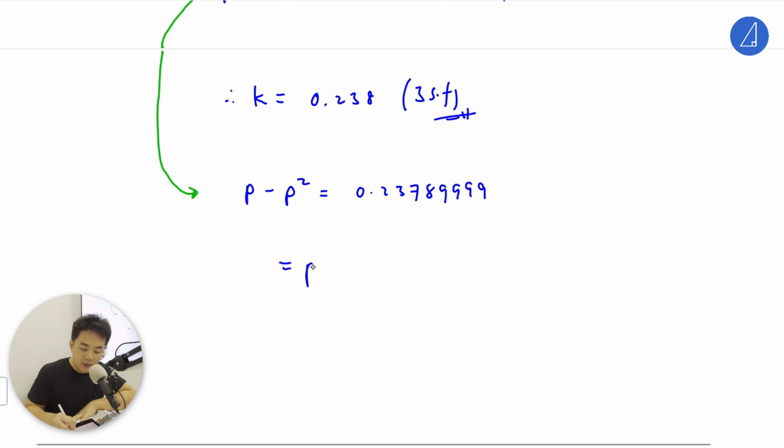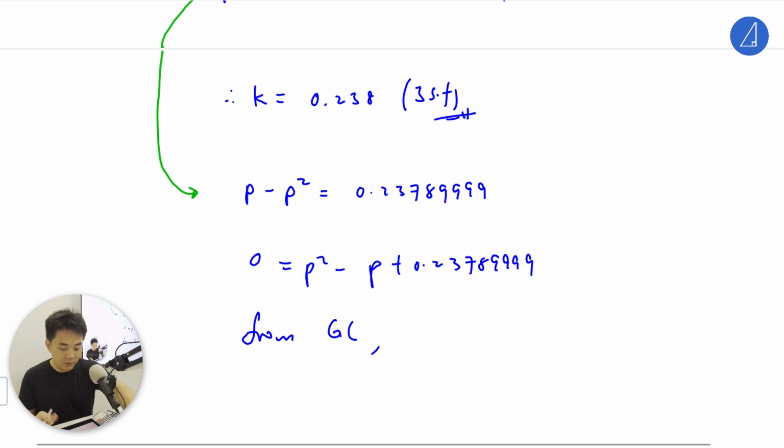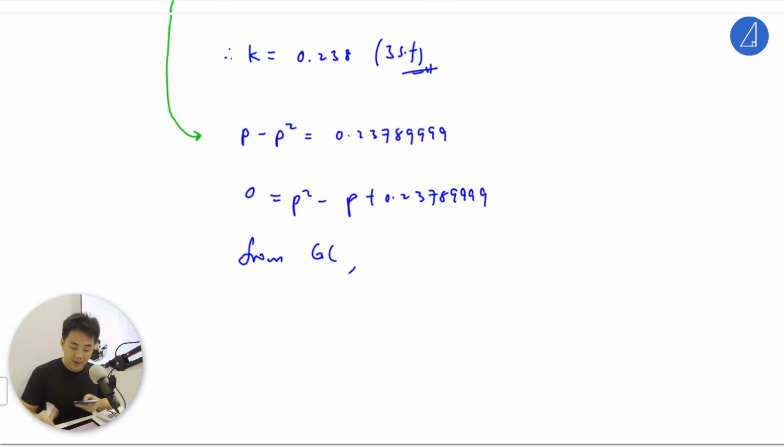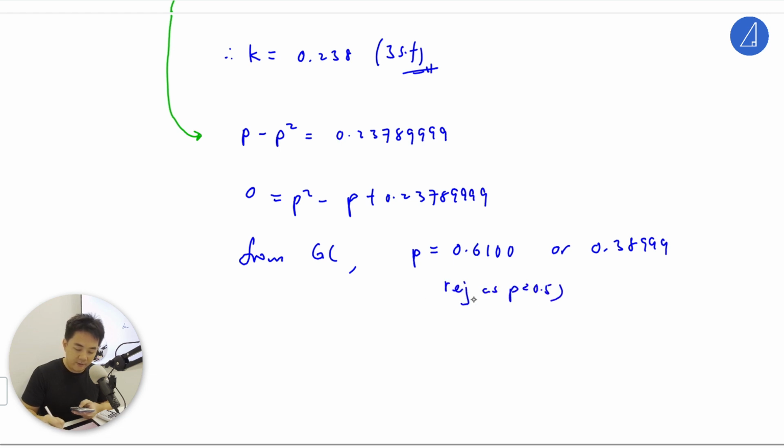This is P squared minus P plus 0.237899990 equals 0 from GC. Solve this quadratic equation. You have P equals 0.6100 or 0.38999. So reject 0.61 as P was less than 0.5.